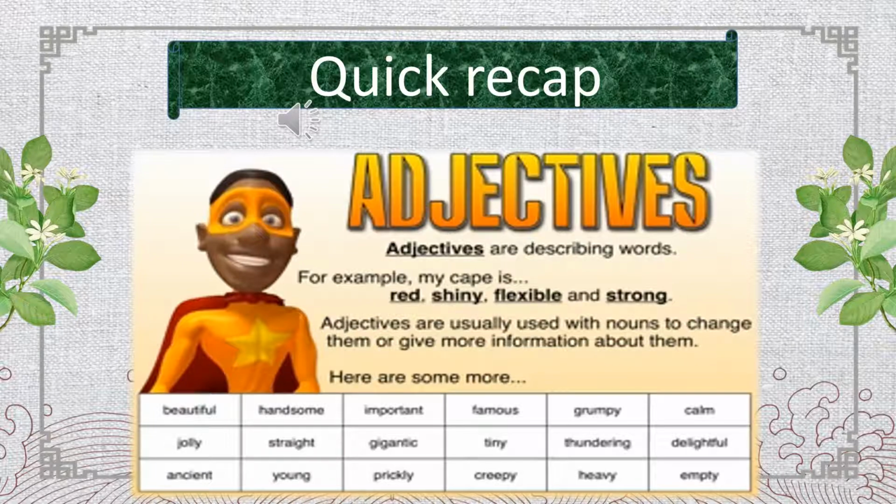Adjectives are usually used with nouns to change them or give more information about them. Here are some more examples: beautiful, handsome, important, famous, grumpy, calm, jolly, straight, gigantic, tiny, thundering, delightful, ancient, young, prickly, creepy, heavy, empty.